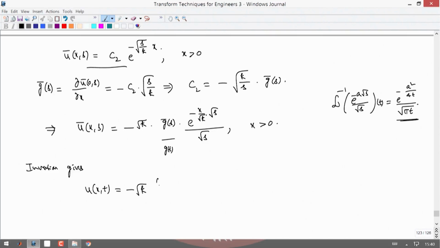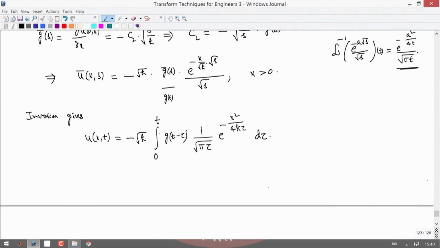So you have this convolution, integral 0 to t of g of t minus tau, and this function I will put as a t. So it is 1 by root pi tau times e power minus a square, where a is x by root k, so a square is x square by k, over 4k tau, d tau.